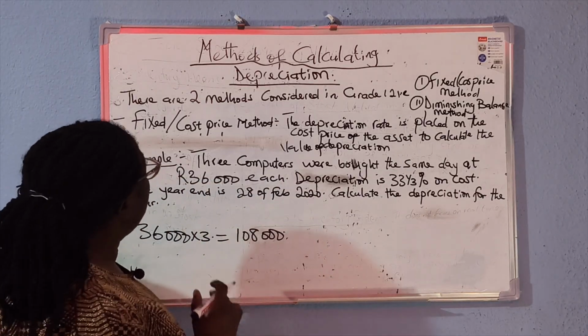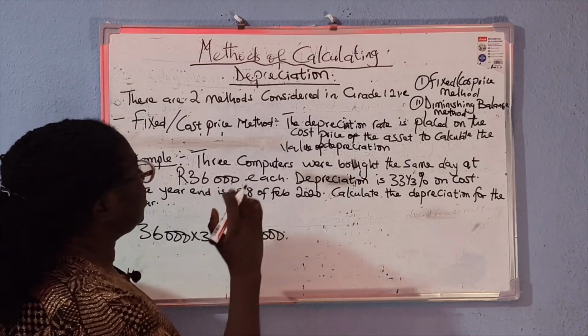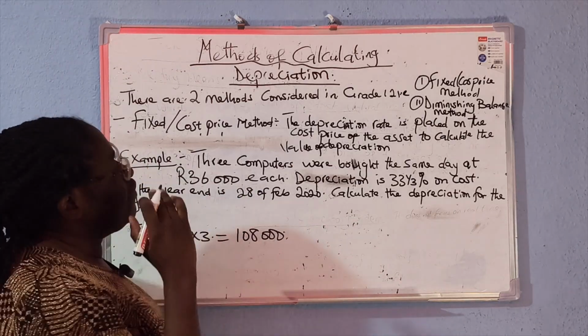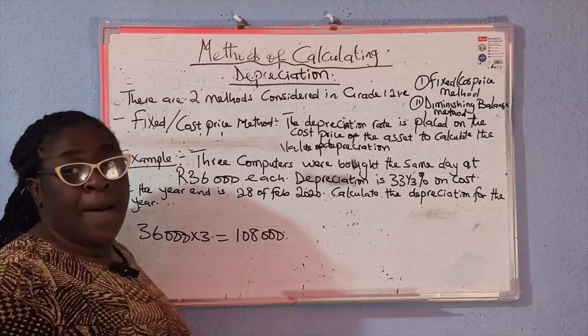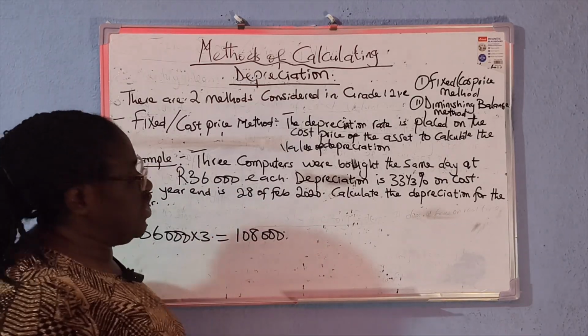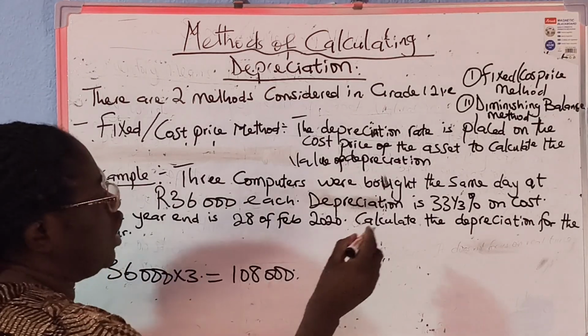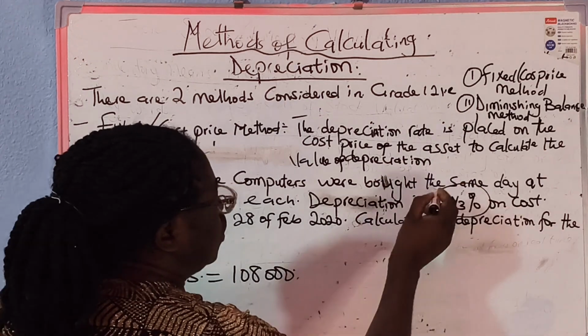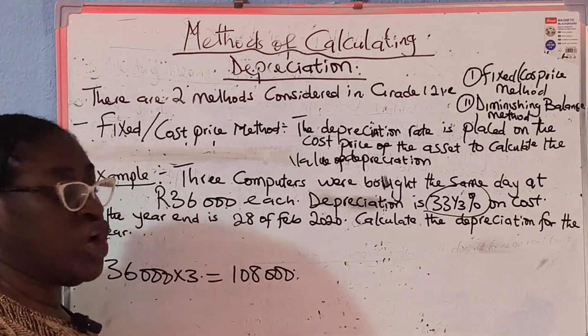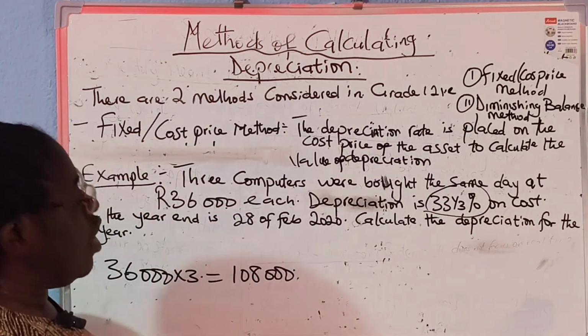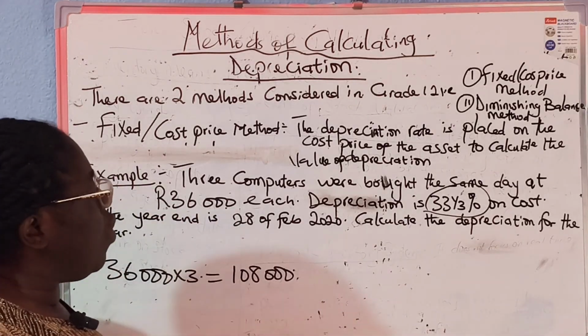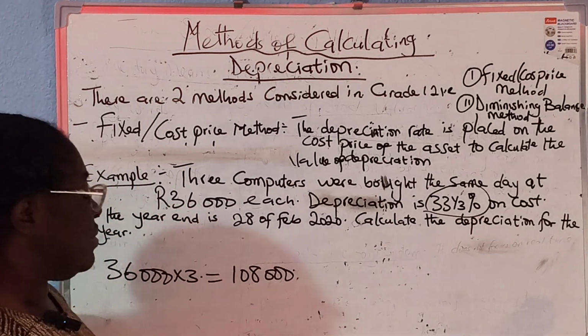So we are looking for the depreciation for these 3 computers, which cost 108,000, and we are using the fixed cost price method. Using this method, I am going to place the rate of depreciation on the cost price. My rate of depreciation is 33 1/3%.